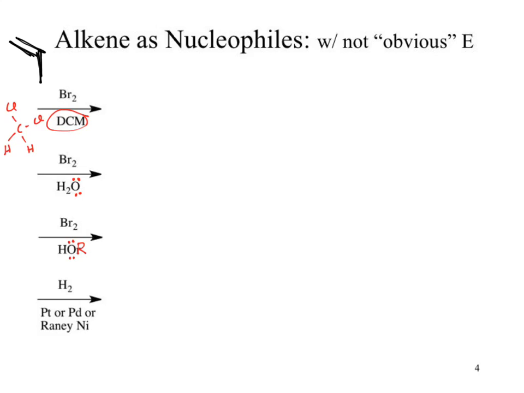Water can act as a nucleophile. DCM cannot. So both water and our HOR, also known as an alcohol, can react as nucleophiles. DCM has no nucleophilic ability, and that's going to change the results coming out of this reaction. So let's focus on just our Br2 and our alkene.